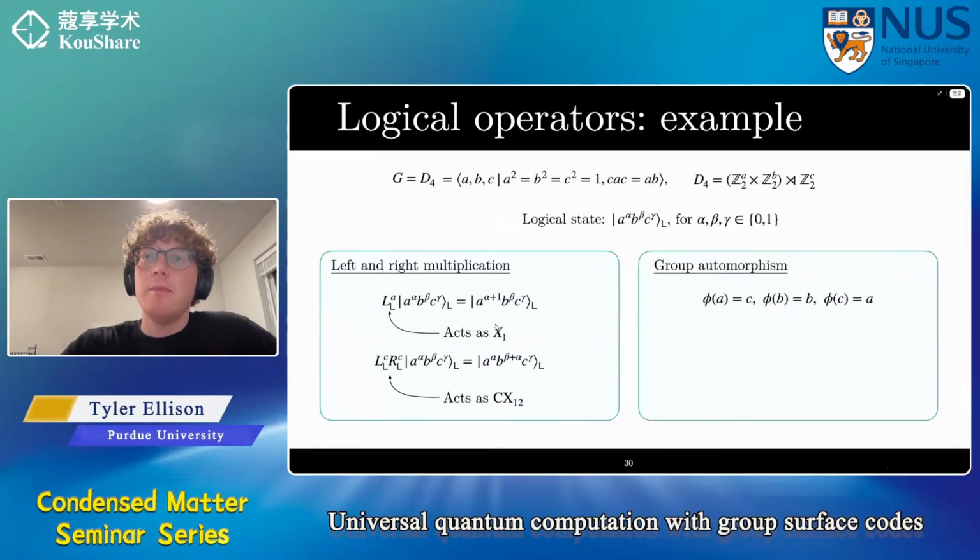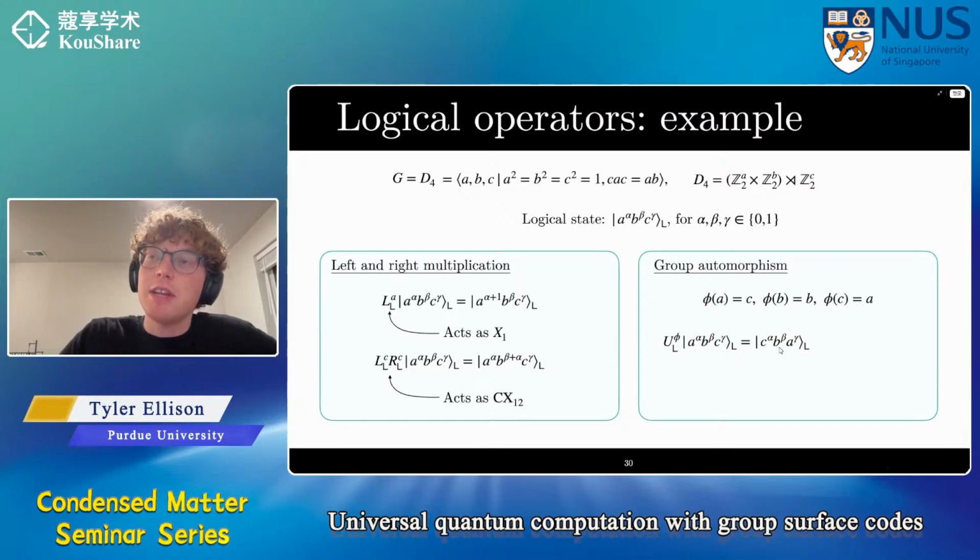So consider G equal to D4, the symmetries of a square. I'll represent D4 as follows.